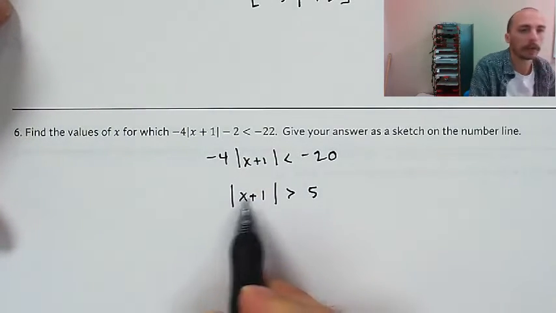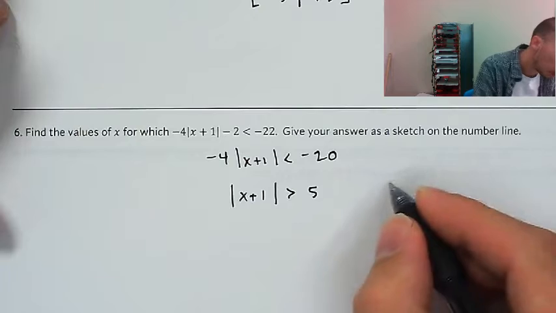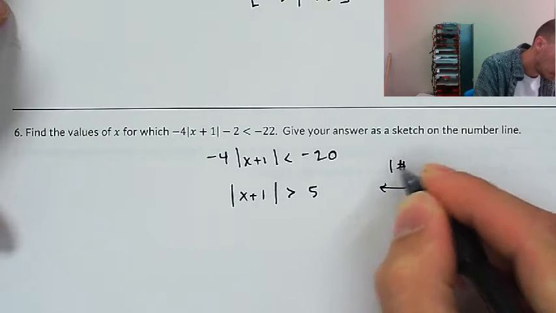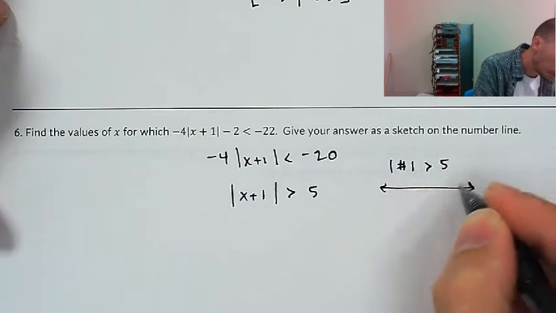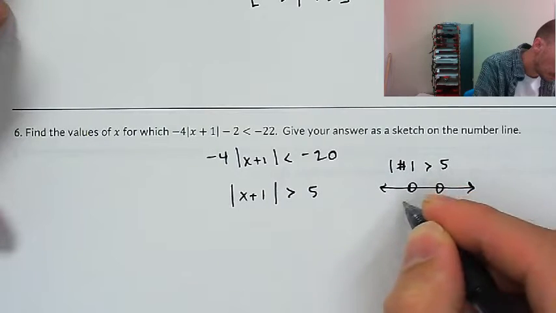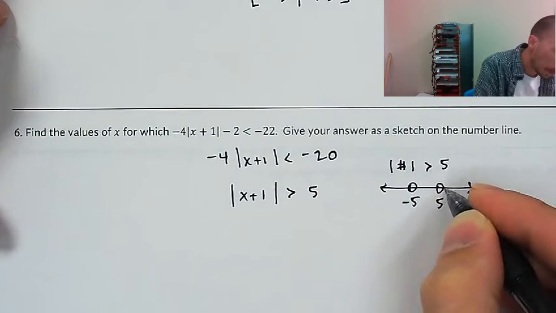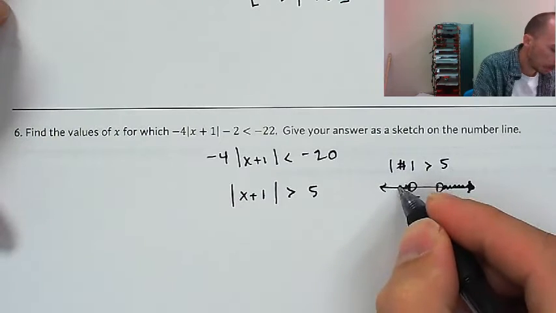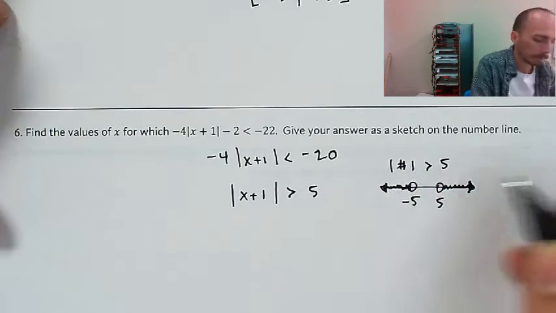Okay, now I've got it down to an absolute value inequality. I think about the number line. Where's the absolute value of a number greater than 5? Out here, where the number is bigger than 5 or where the number is more negative than negative 5.